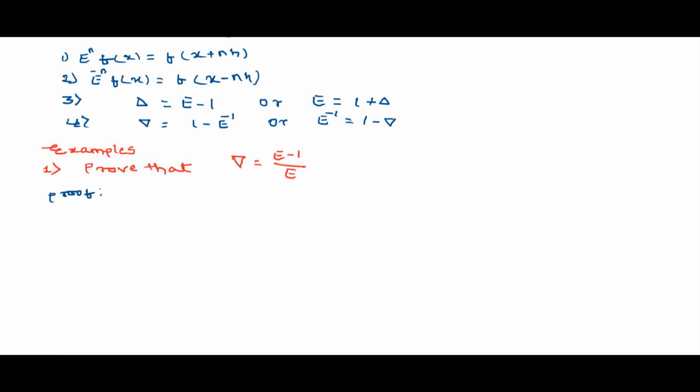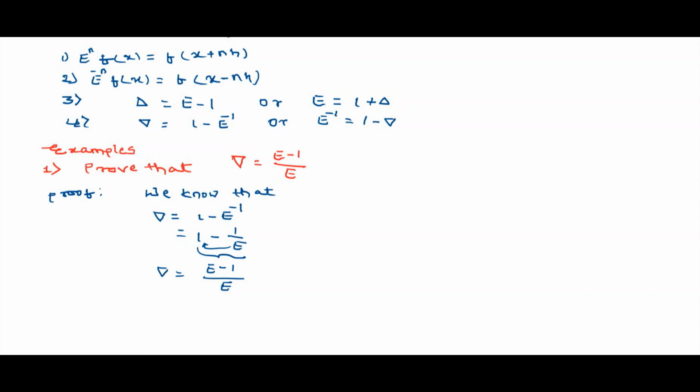By using the fourth formula, we know that del is equal to 1 minus e raised to minus 1, and this 1 minus e raised to minus 1 we can also write as 1 minus 1 divided by E. If you take the LCM, the LCM is equal to E, and by using cross product, E into 1 is E, and this minus 1 as it is.